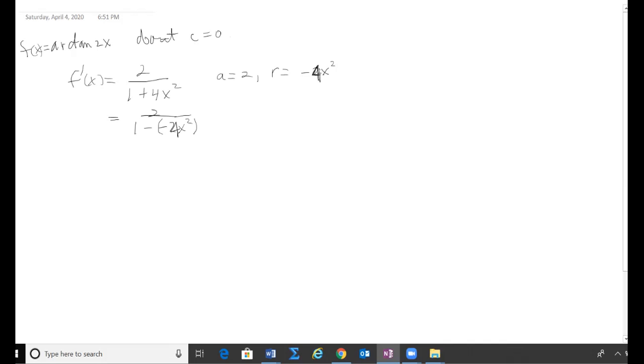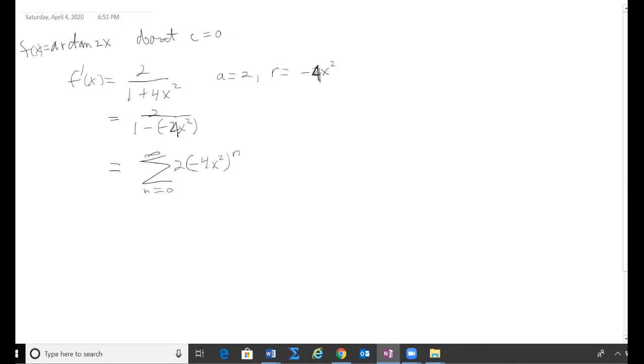Okay, so that's what r is. It's a negative 4x squared. So in my series then, and I'm going to write this in the closed form, I end up with this. I have a 2 in here, and I also have a negative 4x squared quantity to the nth power.